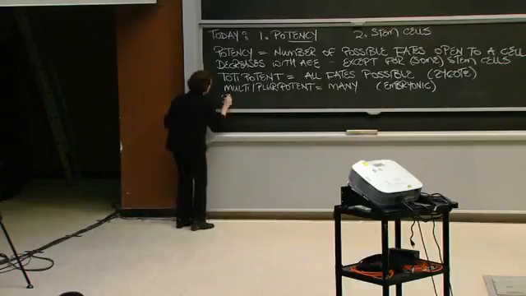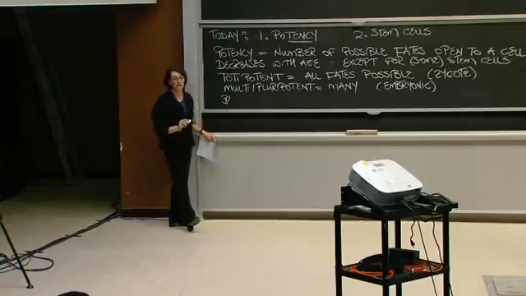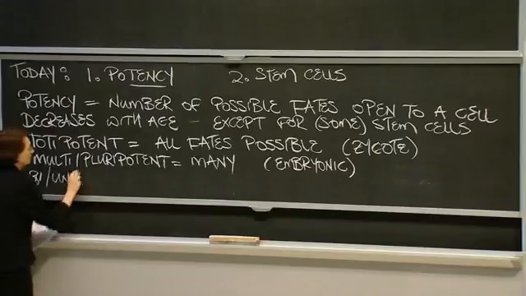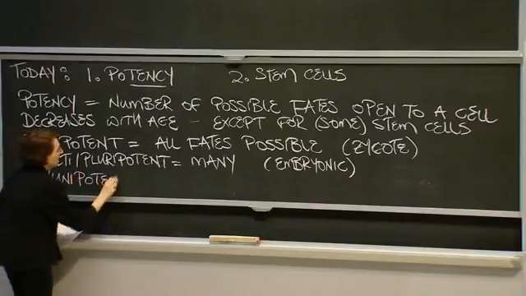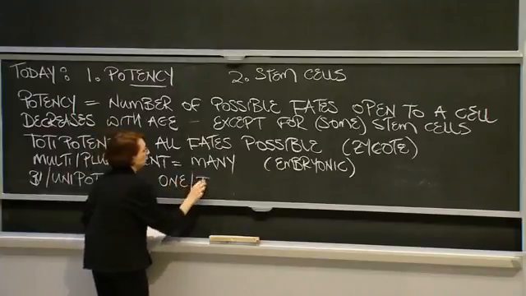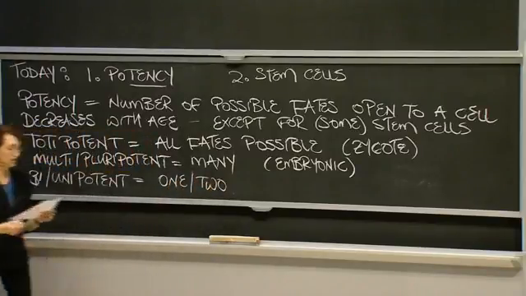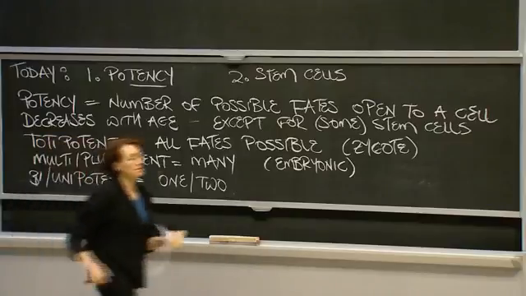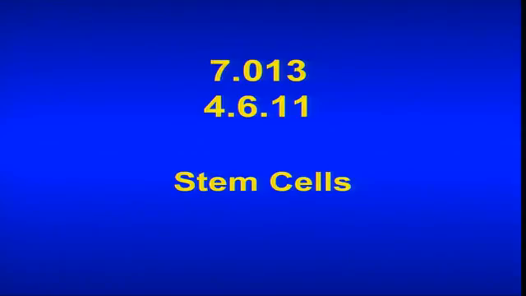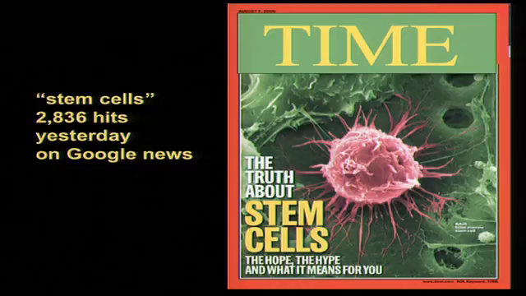As cell fate restriction continues, cells can become bipotent or unipotent, whereby one or just two fates are open to them. Taking this concept, let's now start the lecture about stem cells.